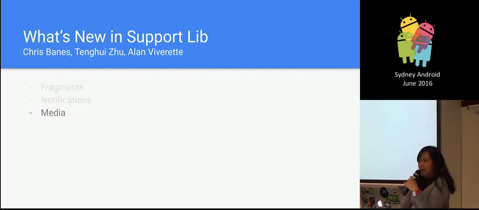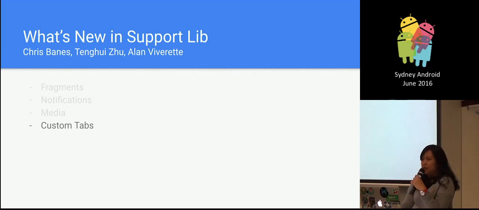Media, browsing and playback APIs, custom tabs. The cool thing I learned about custom tabs is we've always heard them talk about Chrome tabs, but apparently it can work in any browser. That's pretty cool. They said if Firefox or IE supports it, it will be available for you.